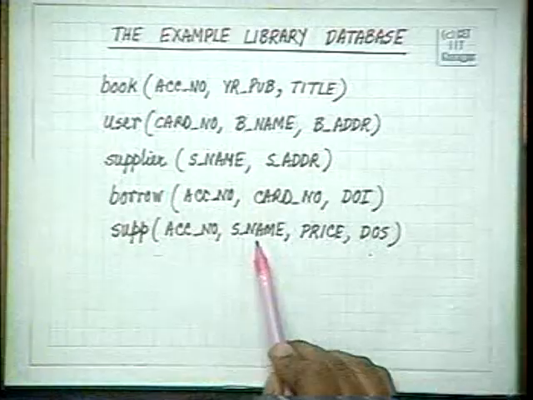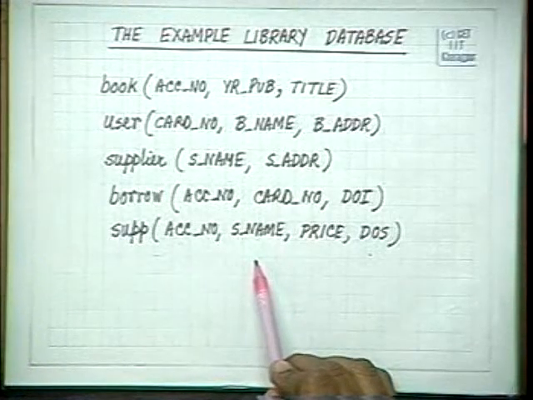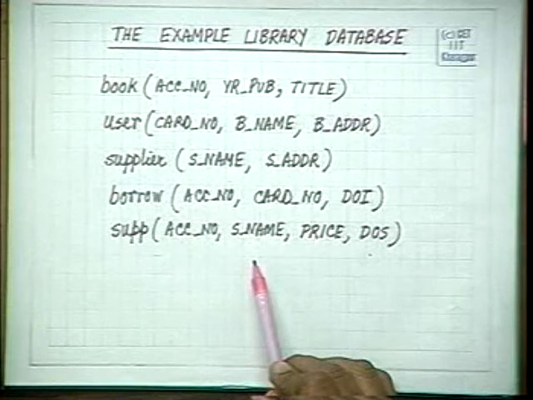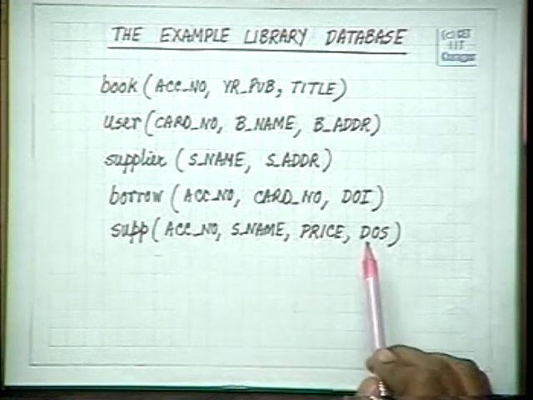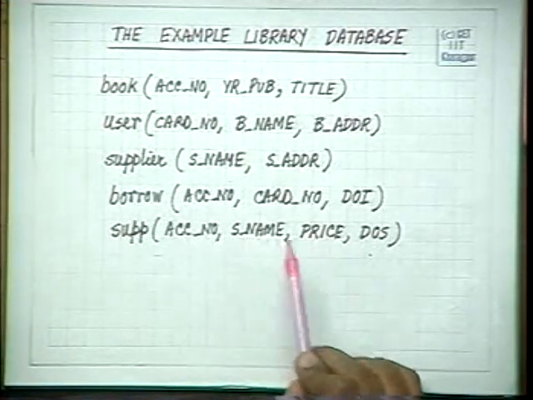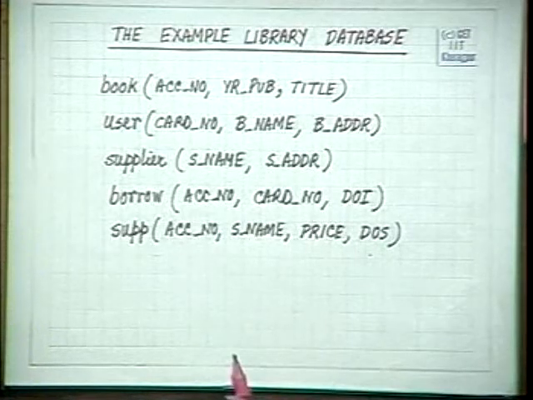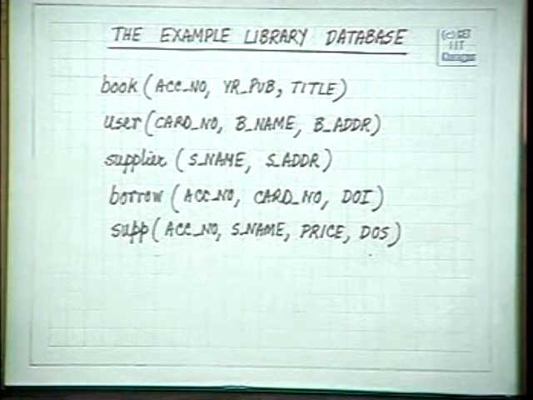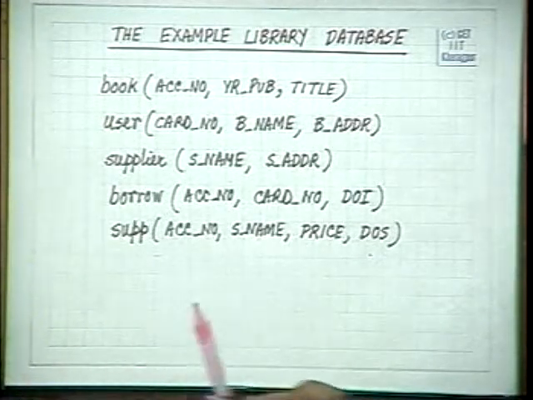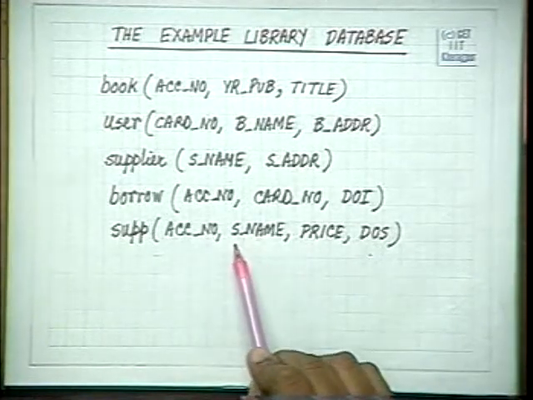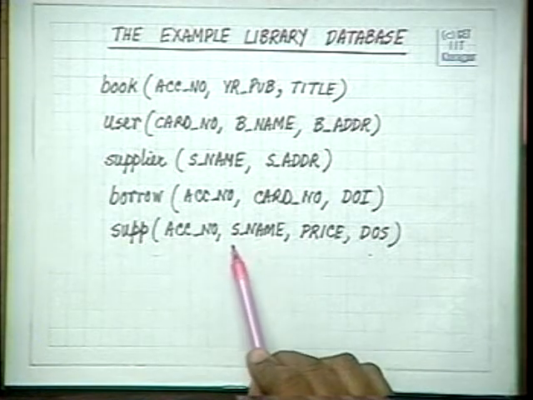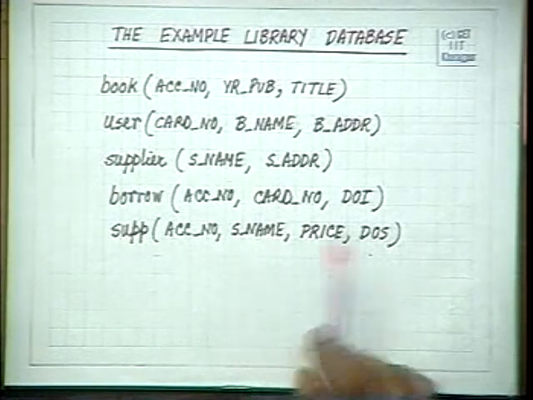Now, what can we have? Whenever S name must be same, two attributes, since we say that a particular supplier can supply only one book per day, how will we specify this? Can we specify it like this?